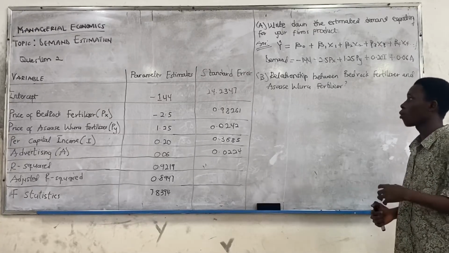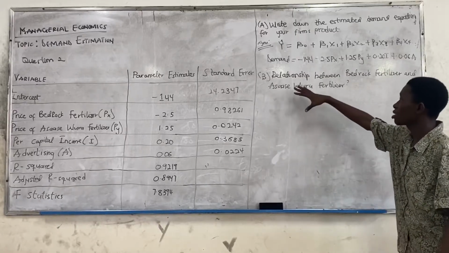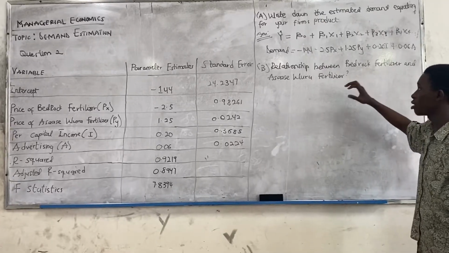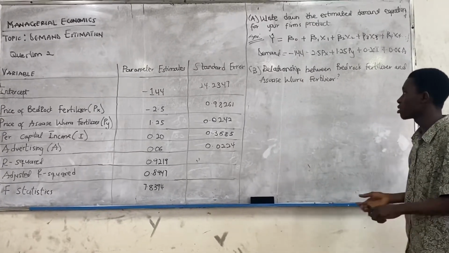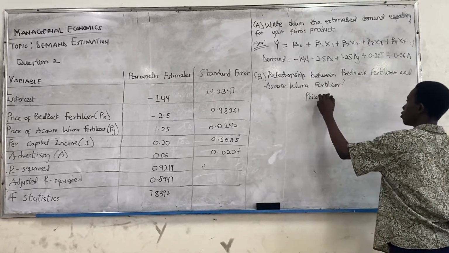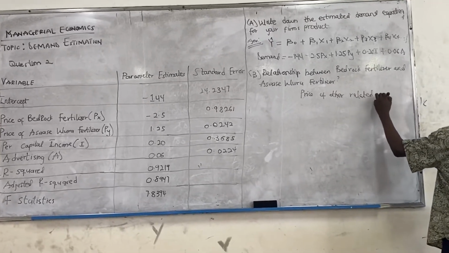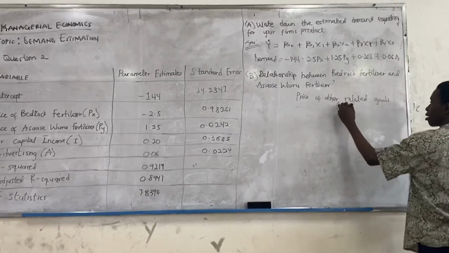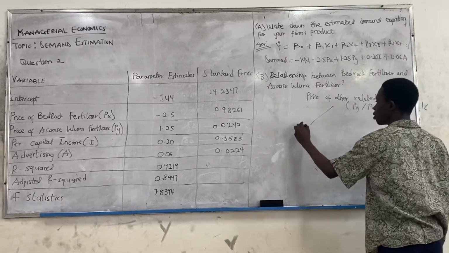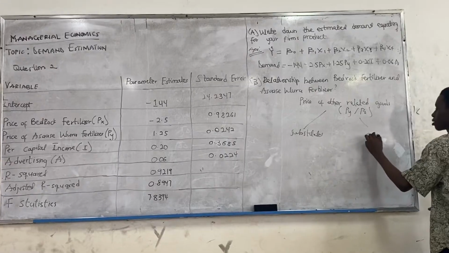Whenever it asks what type of good this is, we are referring to normal good or inferior good. So here, they are talking about either substitute or complement, and these fall under the price of other related goods, where we use either PY or PZ.